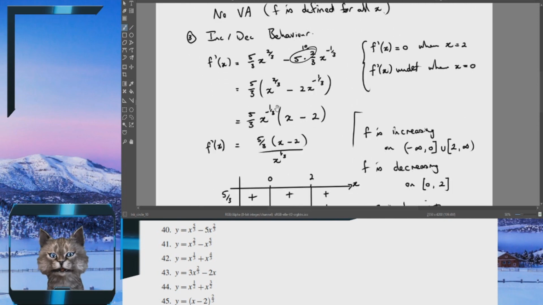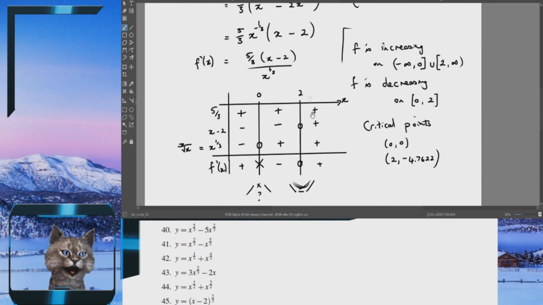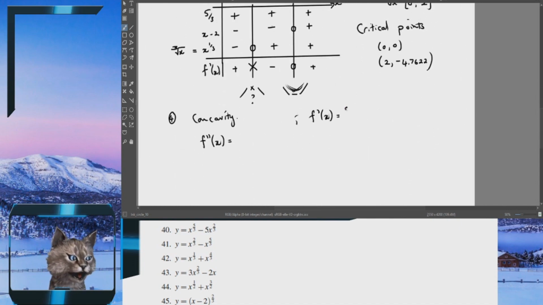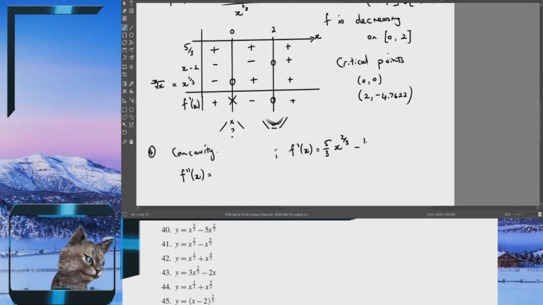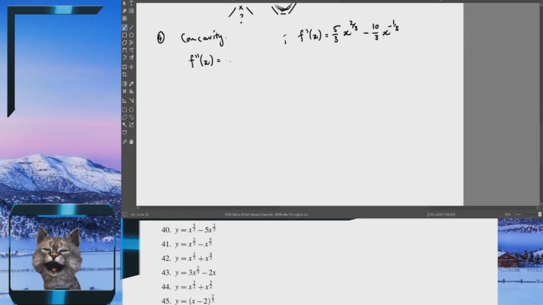But maybe we should clean it up a little bit. So let's just write it over here. What was it? 5 over 3 x to the 2/3 minus 10 over 3 x to the negative 1/3. That is the nicest version to calculate the second derivative from.